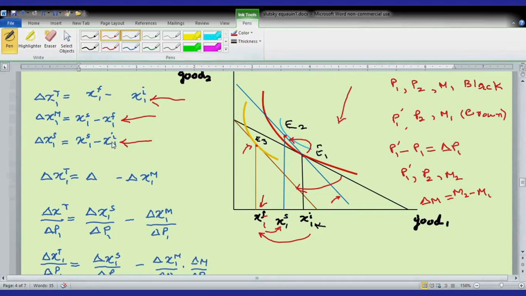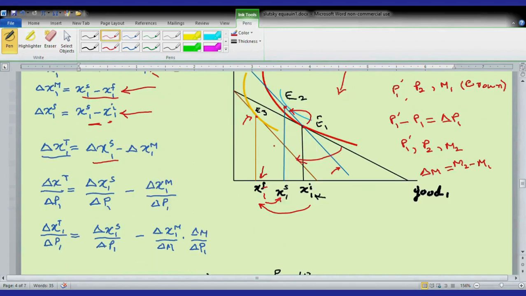And then we can write the equation that the change in consumption due to total effect is equal to the change in consumption due to substitution effect, which is X1S minus X1I. And from this, when we subtract the income effect change, which is X1S minus X1F, X1S will get cancelled and we'll be left with X1F minus X1I.